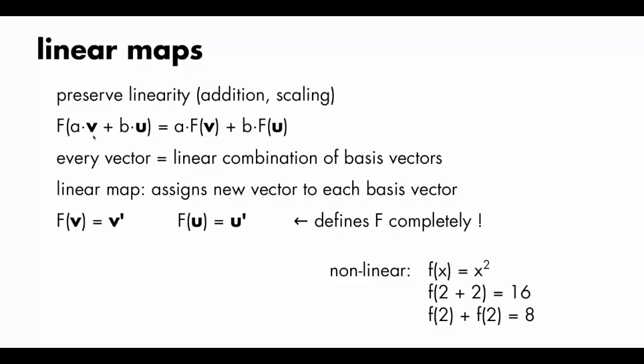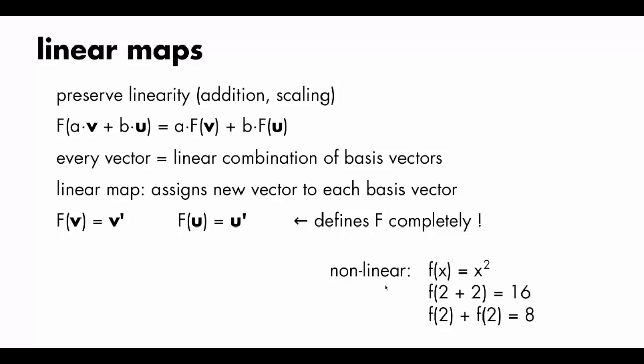If v and u are my basis vectors, I only really have to know what v and u map to in that linear map, and everything else is determined by linearity. So let's say f of v is v prime and f of u is u prime. If I know these two things, I already have everything that I need to know about f. It's completely specified by these two relations.